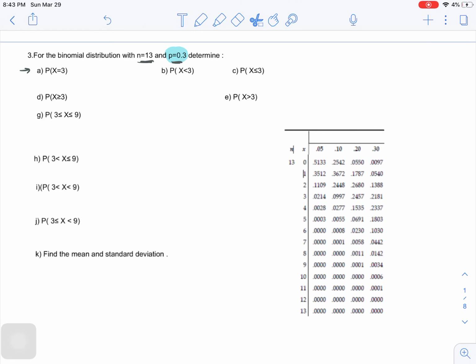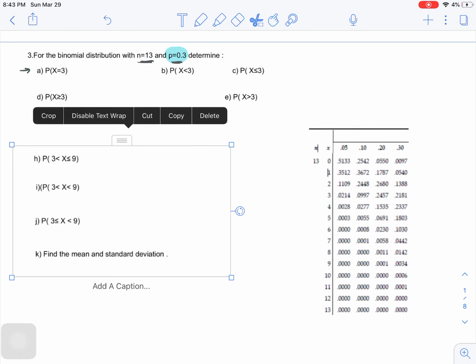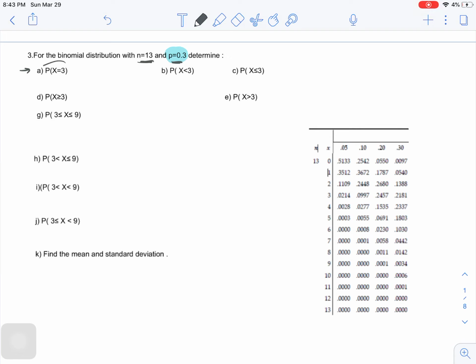Okay, so I want to find for part A the probability that x equals 3. So the first thing I'm going to do is notice that the rows correspond to different x values. So this row corresponds to x equals 0. This row corresponds to x equals 1.